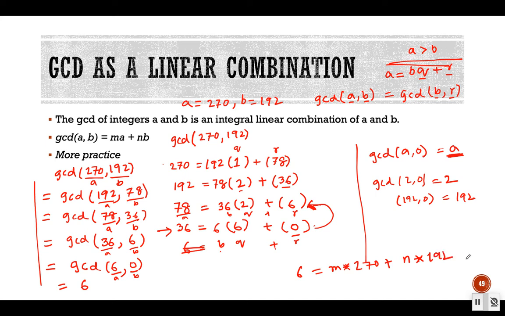Our theory says that the GCD of two integers A and B is an integral linear combination of A and B. Now we are going to see how to find the values of m and n, using the same Euclid algorithm. I'm going to show you in the next slide.